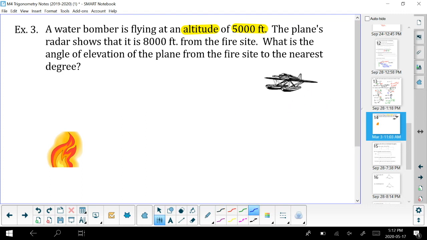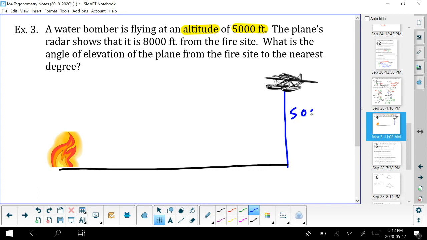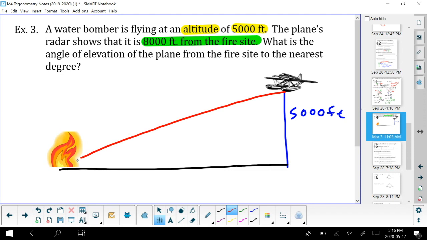In this case, we're looking from the plane, and let's draw this as the ground. So this plane is 5,000 feet up in the air. Then it reads that the plane's radar shows that it is 8,000 feet from the fire site. The question we have to ask ourselves is, which side of this triangle are we actually labeling as the 8,000 feet?